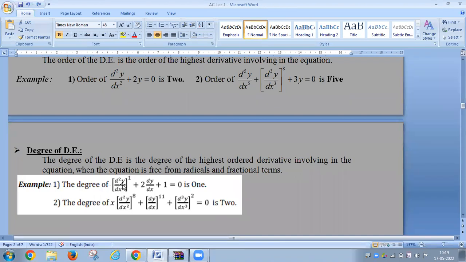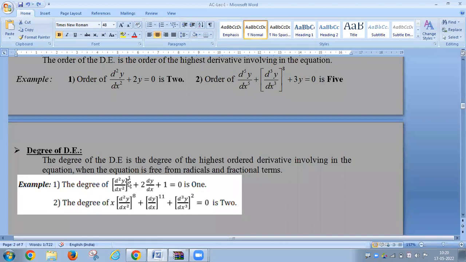The power of the highest derivative is nothing but the degree of a differential equation. So for this differential equation, the order is 2 and the degree is 1.